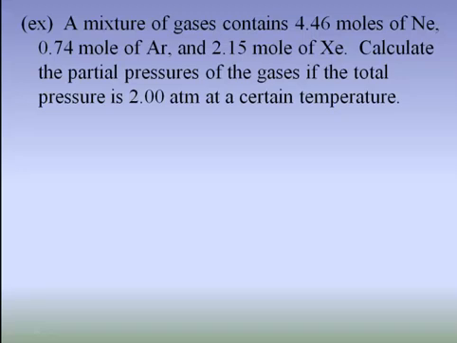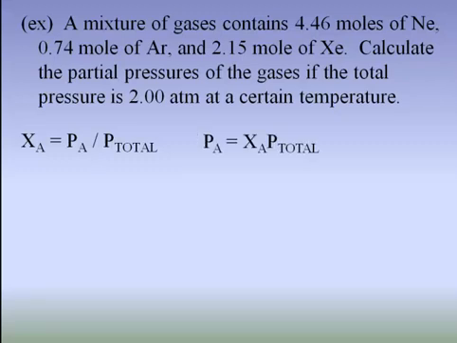In this question, you're given the number of moles of each gas and the total pressure. You're asked to calculate each partial pressure. On a previous slide, it said that mole fraction of any component equals that component's partial pressure divided by the total pressure. So rearrange that and solve it for partial pressure.